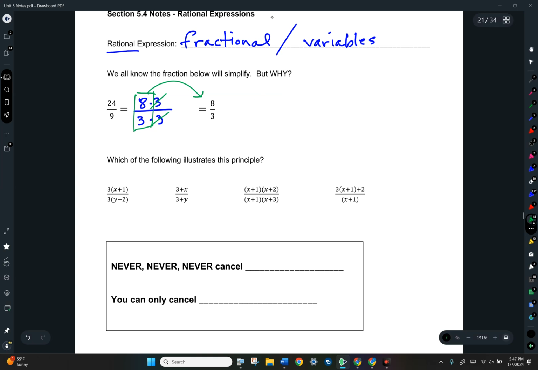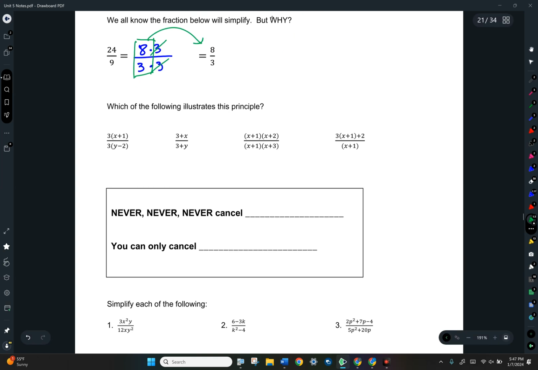When we look down here at these examples, do you see that in the first example, it is okay to cancel this 3 with this 3 because those 3's are factors? The 3 is being multiplied by the x plus 1, and this 3 is being multiplied by the y plus 2. So it's okay to cancel the 3's and just have x plus 1 over y plus 2.